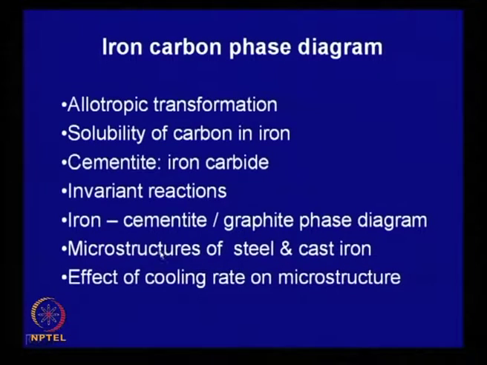We will also talk about the evolution of microstructures in steel, and we will know about the difference between steel and cast iron, and we will have a passing comment on the effect of cooling rate. Although the equilibrium diagram just describes the structural evolution under very slow rate of cooling, nevertheless, we will see how we take into account the effect of cooling rate on microstructure.